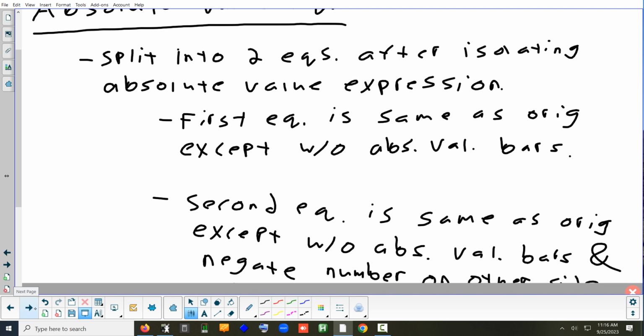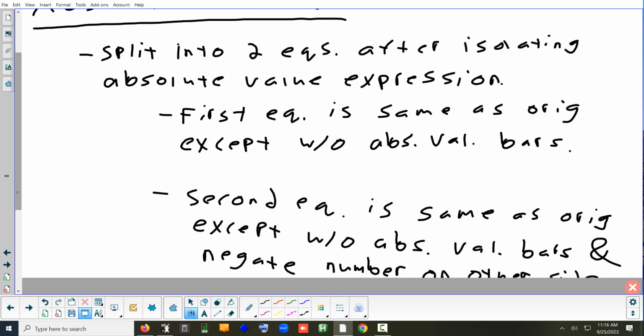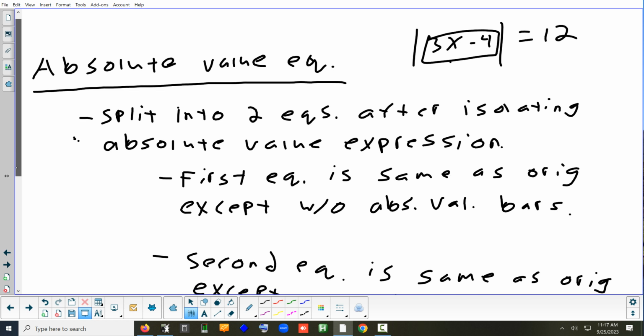That means change the sign of. So the second equation is the same as the original. You take out the bars, but you also change the sign of the number on the other side. Now, in most cases, you're going to be able to jump right to this step by splitting it into two equations.